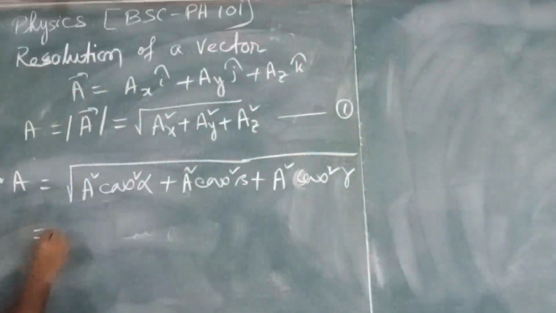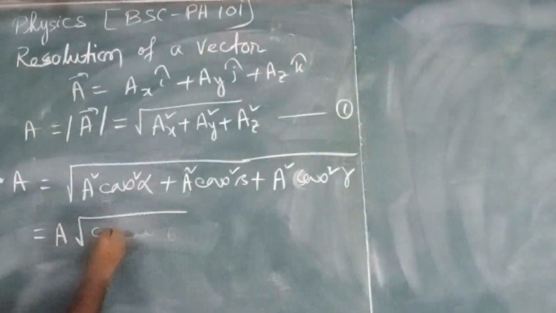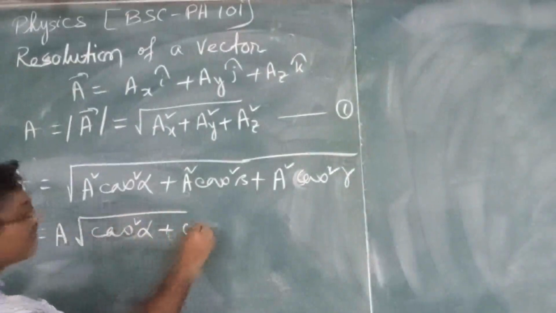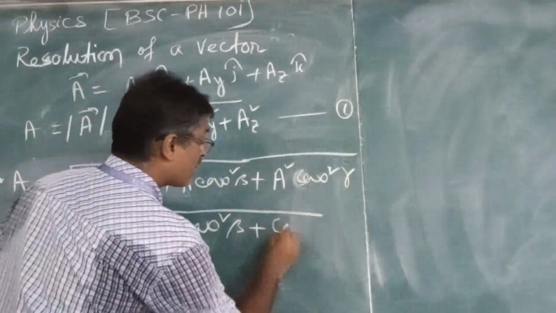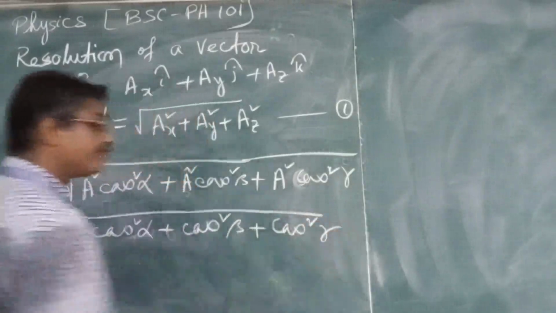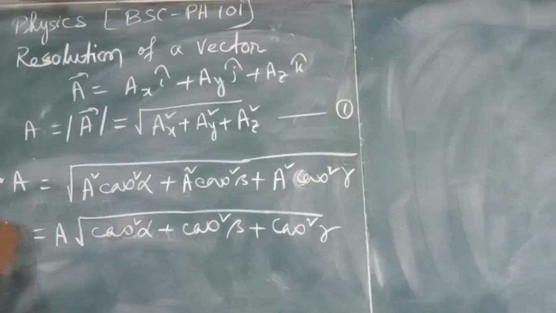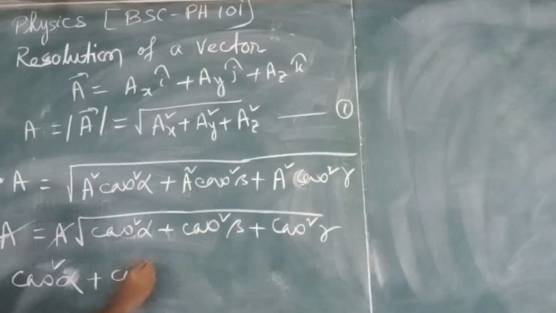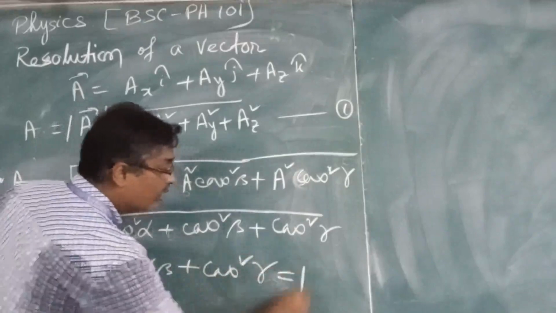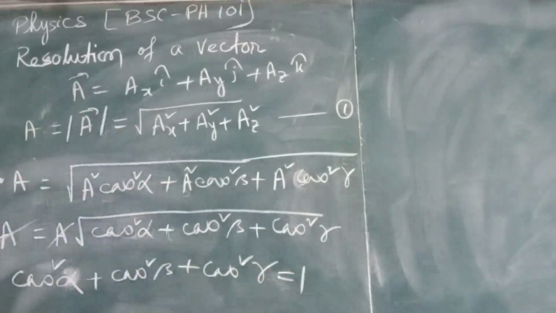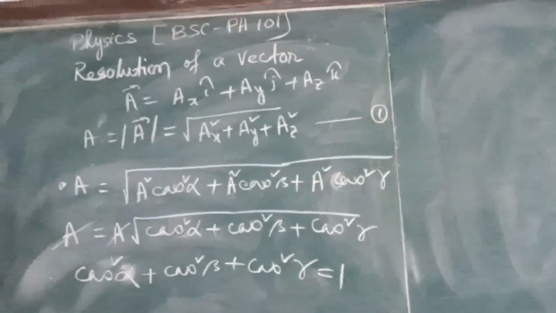So this equals A times the square root of cos square alpha plus cos square beta plus cos square gamma. So A cancels, therefore cos square alpha plus cos square beta plus cos square gamma equals 1.